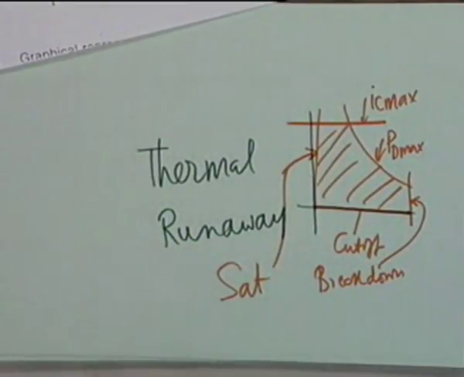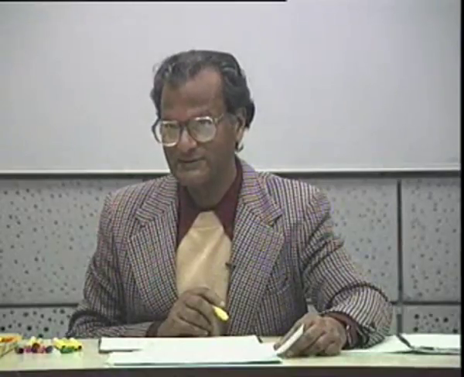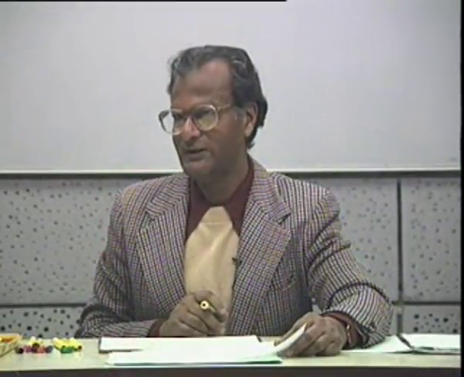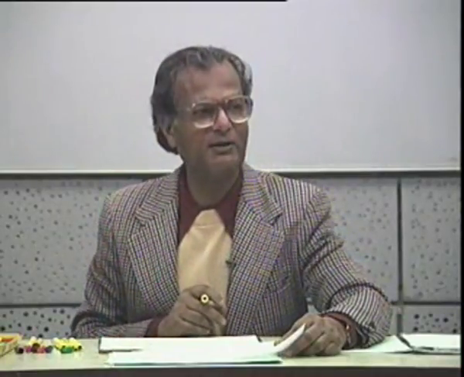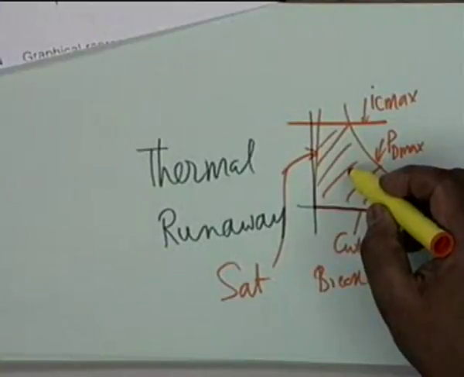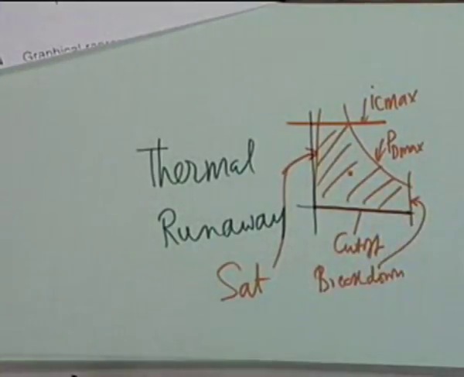Also, to be able to operate this as a good amplifier with a reasonably good dynamic range, that is, if you want a large signal operation, then your Q point must be somewhere well inside the region, isn't it?